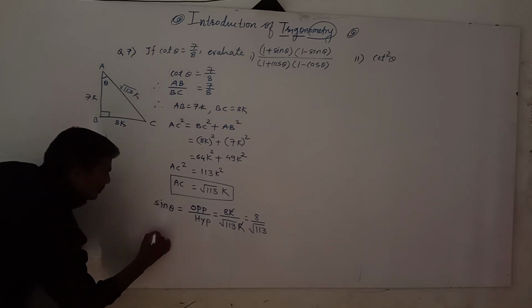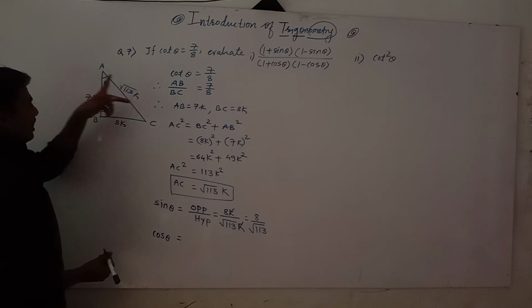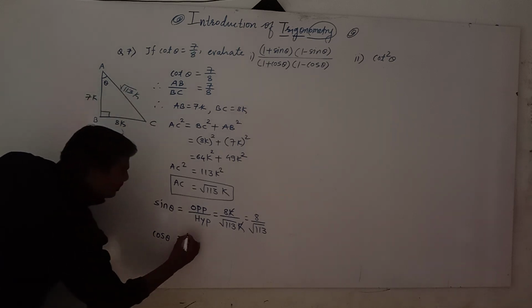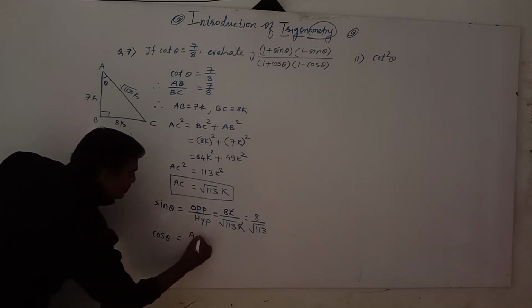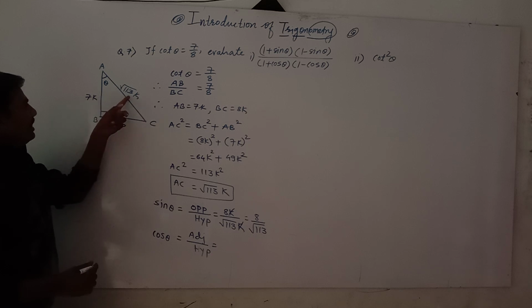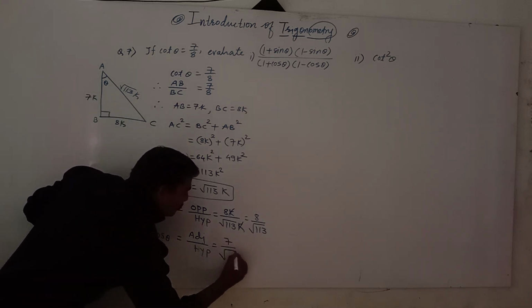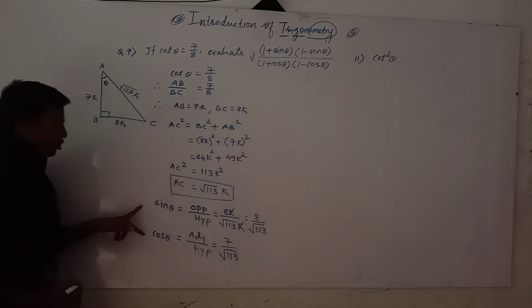Now cos theta is adjacent upon hypotenuse. Adjacent is 7K and hypotenuse is under root 113 K, so cos theta is 7 upon under root 113. So I got both values.